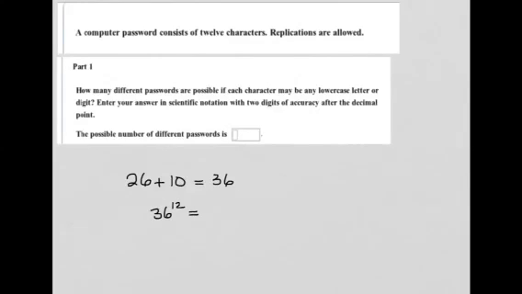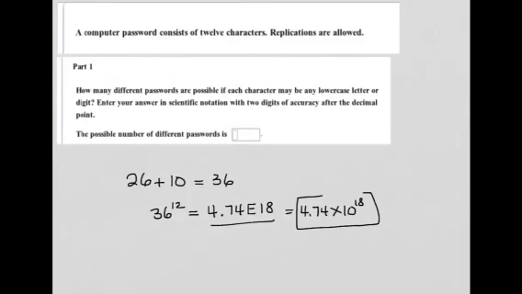So this is going to give us a really large number, and in scientific notation, once I put this into the calculator, it says 4.74, and there's a long decimal, E18. So what does this mean? This is scientific notation, and it means 4.74 times 10 to the power of 18. So that's our answer for part 1.